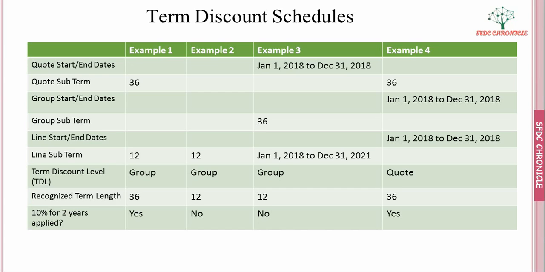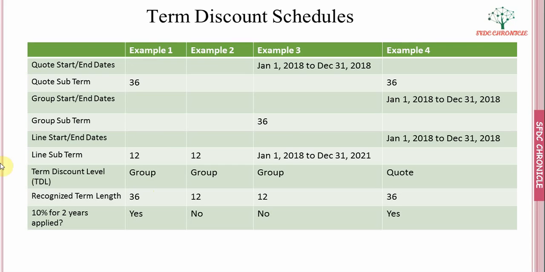A term discount schedule is where you define a term and provide that if my term is greater than 24, then I will provide a 10% discount. If my term is greater than 48, I will provide a 25% discount. This is how you provide a term discount schedule. In the term discount schedule also, the precedence logic is the same as we discussed in our previous slides.